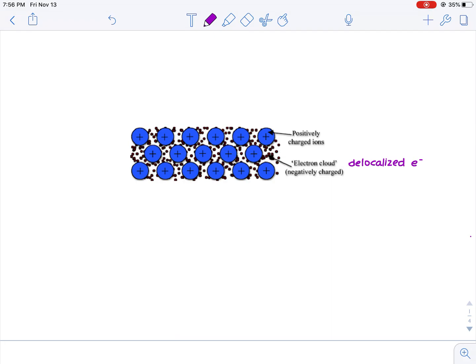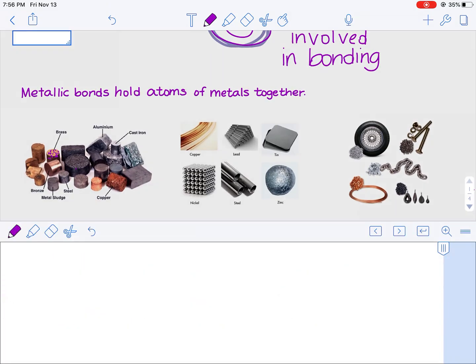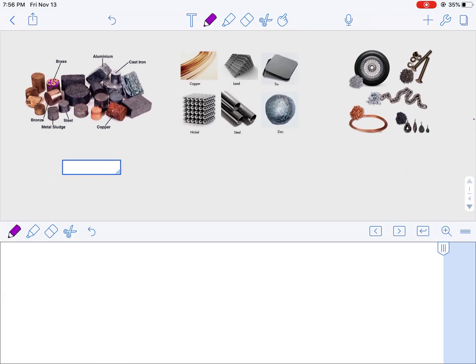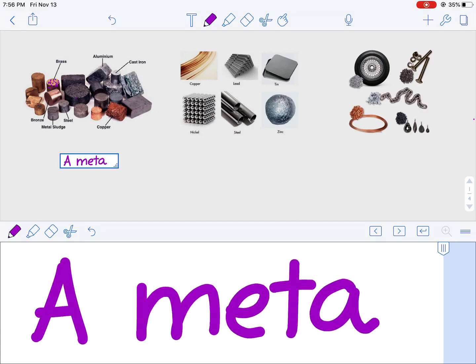Delocalized, meaning the electrons in the valence shell are not fixed with one particular nucleus of the metallic atom. The electrons are allowed to move from one nucleus to another nucleus to another nucleus. The best way chemists know how to describe this is by referring to it as a sea of mobile electrons, it being a metallic bond.